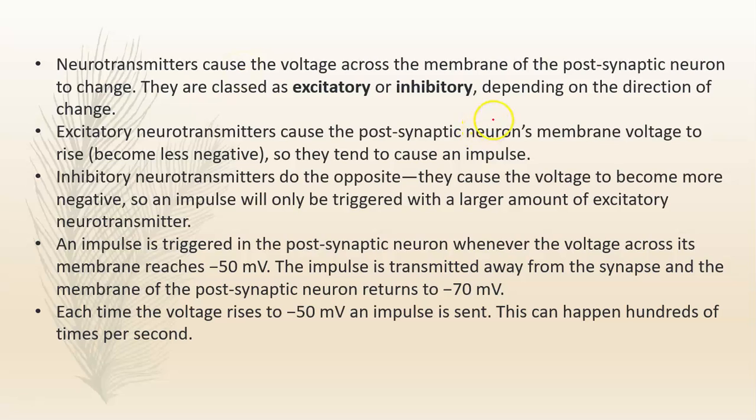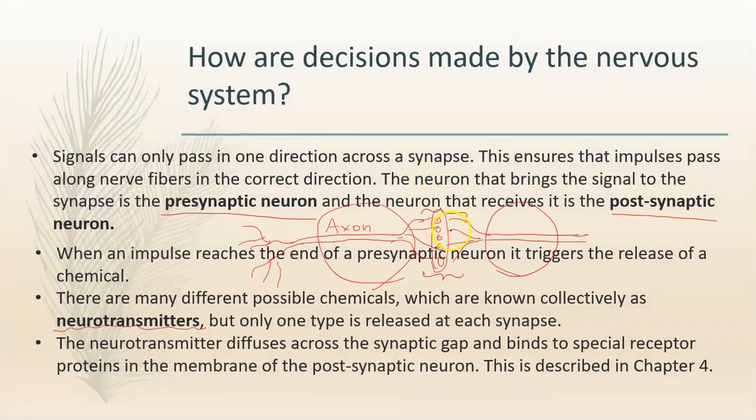Neurotransmitters cause the voltage across the membrane of the postsynaptic neuron to change. If I go back to this slide, there is a postsynaptic change of the voltage, which causes a different millivoltage.